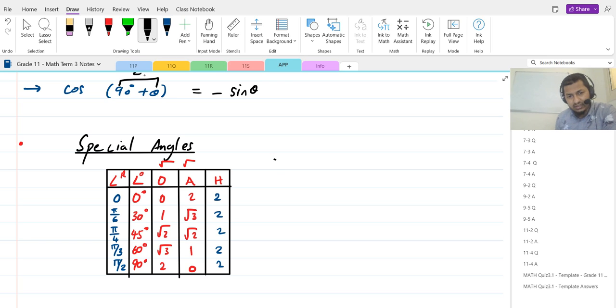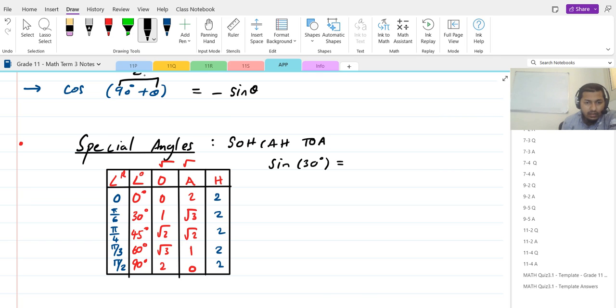If I ask you what is sine 30, sine is opposite over hypotenuse. Remember to use special angles with SOHCAHTOA. Using sine 30, we go to 30 degrees, opposite over hypotenuse. We can see it's 1 over 2. That's our answer.